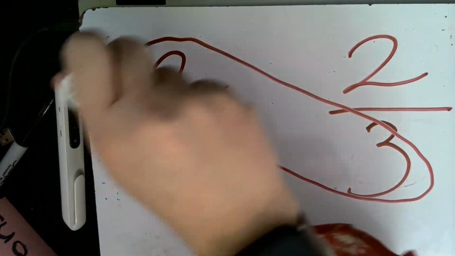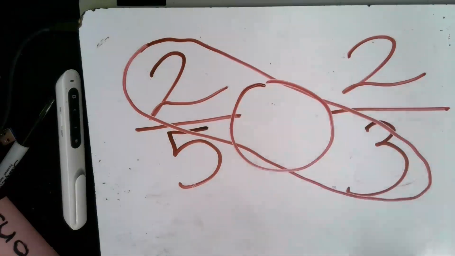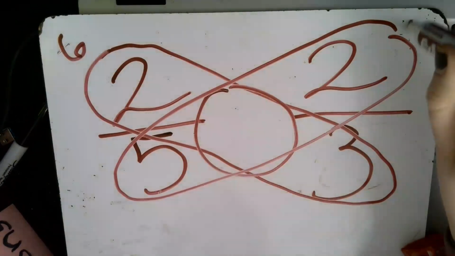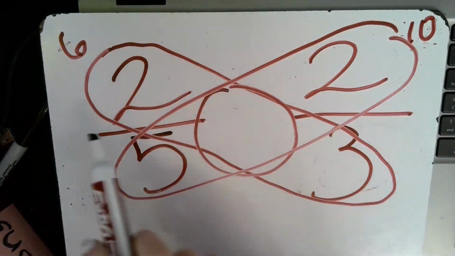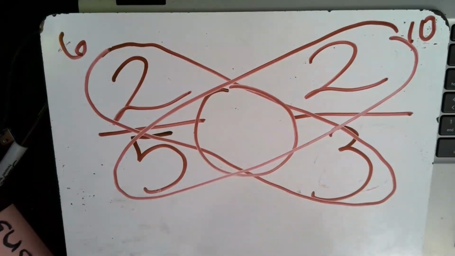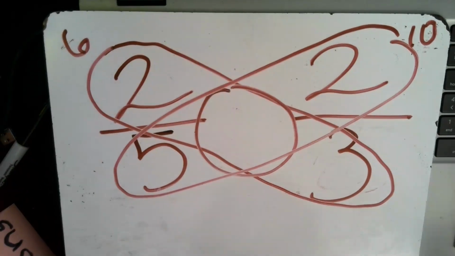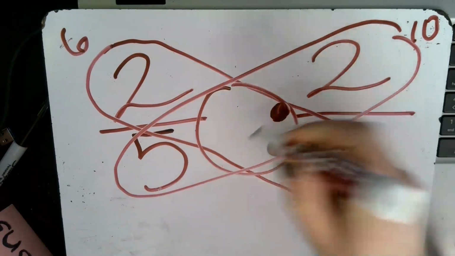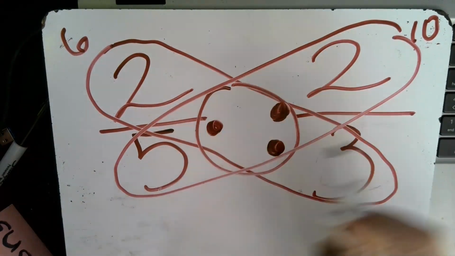Always start at the top. 2 times 3 is... 6. Always start at the top for the wings. 2 times 5 is... All right, well, which side should get 2 dots? 6 or 10? 10, because 10 is greater than 6. So 2 dots over here. The hungry alligator always wants the number that is greater. 1 dot because it's a smaller number.